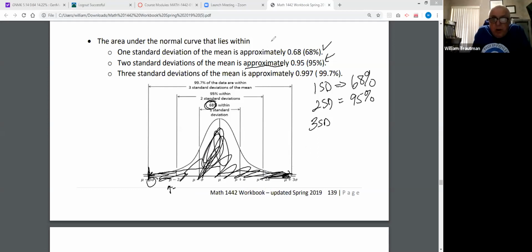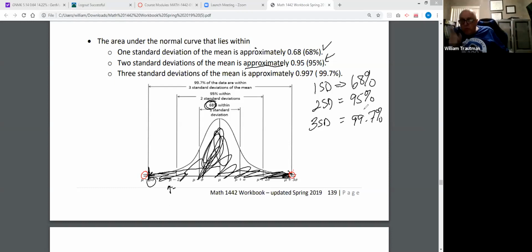The only part that's not shaded in is this little part here and that little part there. 3 standard deviations is 99.7%. That's pretty much all of it, right? It's almost 100%. 99.7% is 3 standard deviations.